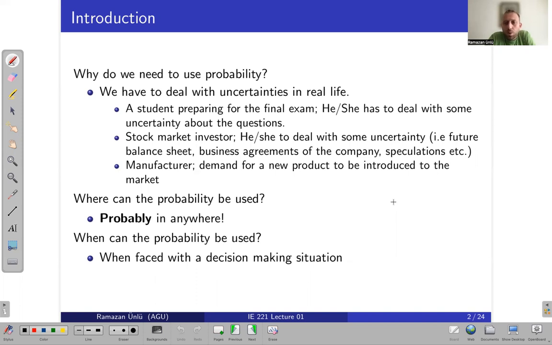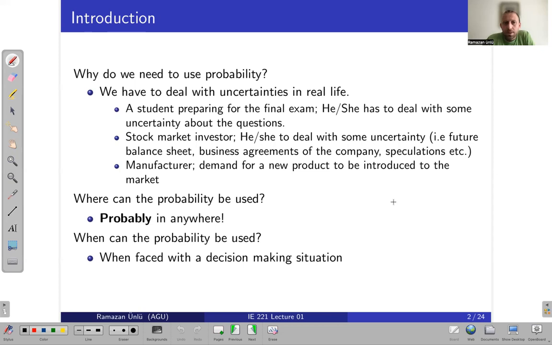Probably you will check the previous lectures, and you will try to figure out which questions the lecturer gives some emphasis. Then you can think that the questions will be asked from that part.